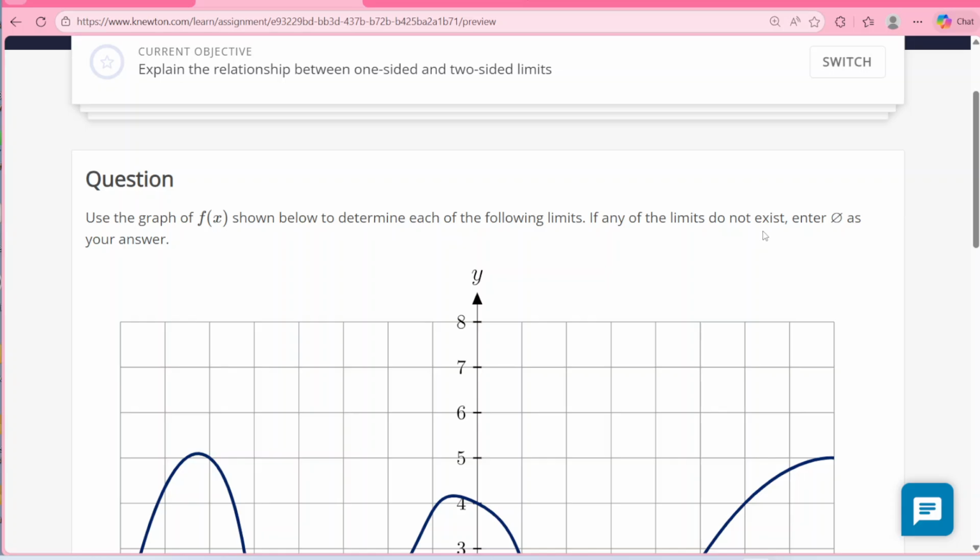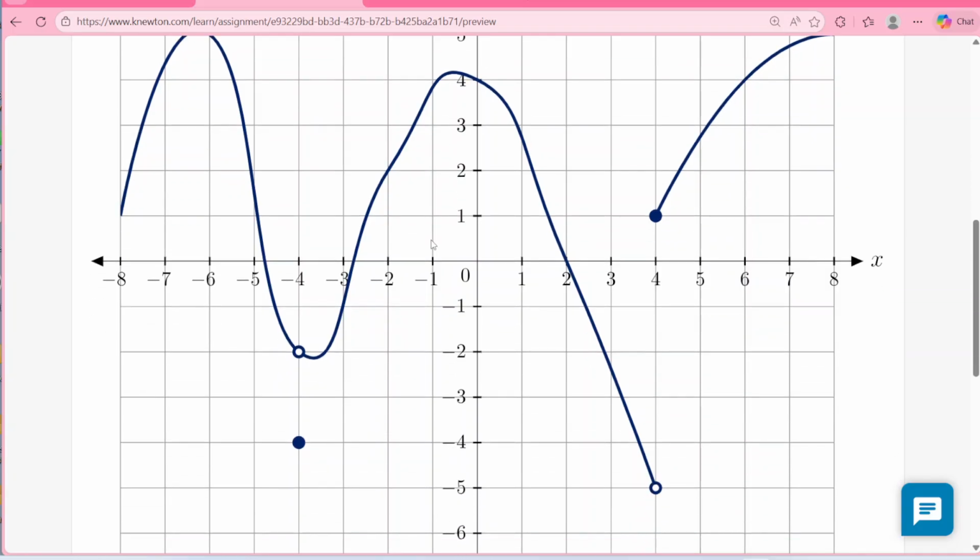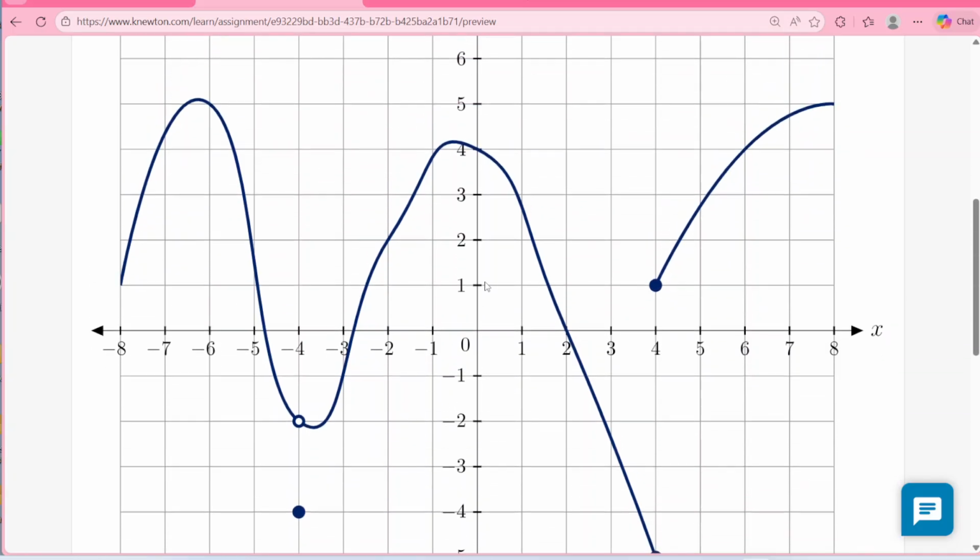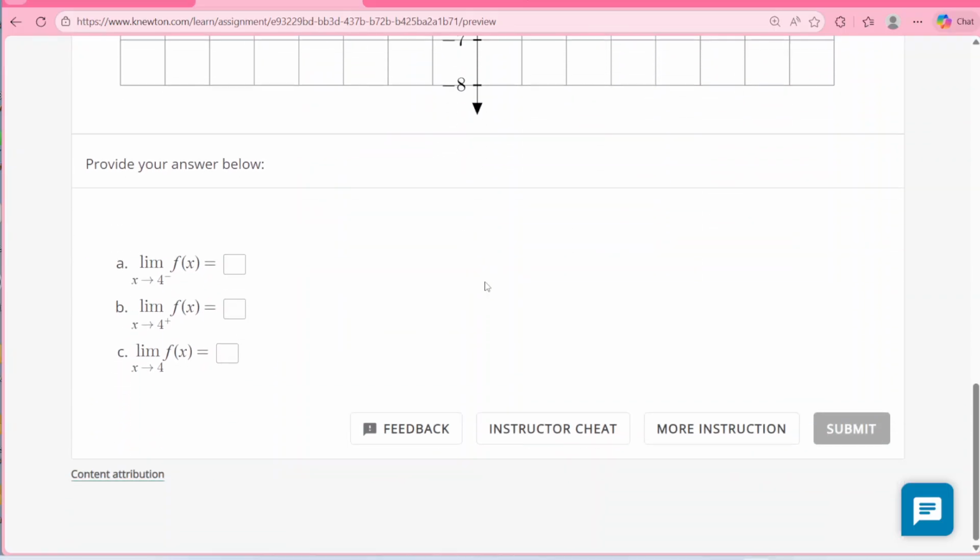If any of the limits does not exist, you're entering that circle with the slash symbol, that empty set symbol, as your answer. So look at this graph here, with all sorts of points and empty points and jumps, and we've got 3 to fill in, and they're all x approaching 4, but from different sides. Some one-sided limits and then the two-sided limit.